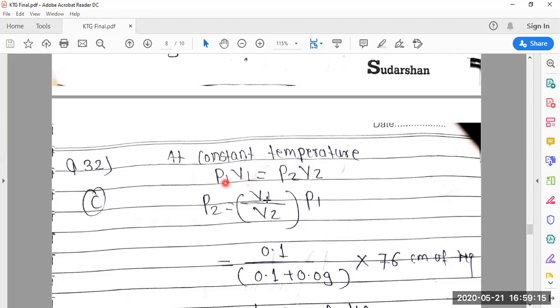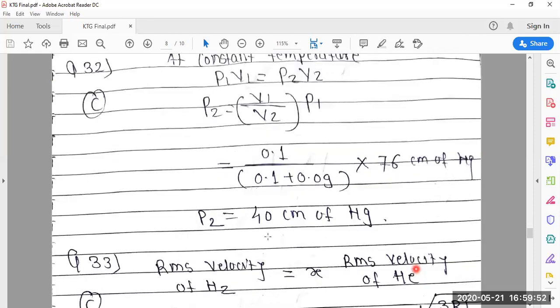So P2 is equal to P1 V1 upon V2. Put in the values: the volume is 0.1 in the first case, and in the second case the capacity increases by 0.9, so V2 is 0.1 plus 0.9, and the pressure in the first case is 76 centimeter of Hg. So we get the pressure P2 is equal to 7.6 centimeter of Hg.